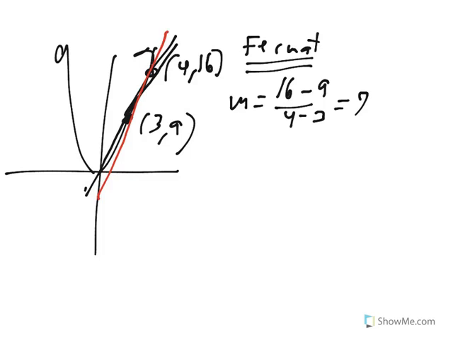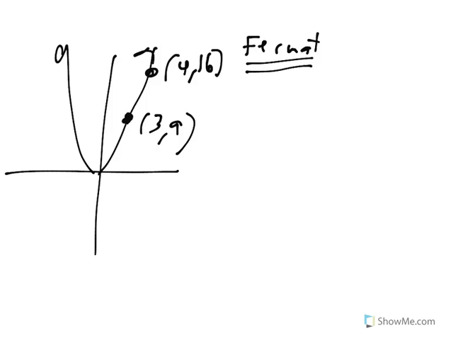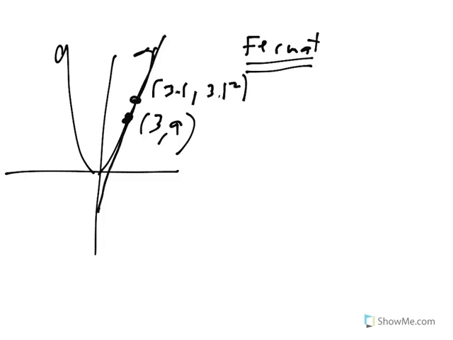So the next idea is, what if I were to pick a point that was closer than 4, 16? What if instead I picked the point 3.1, comma, whatever 3.1 squared is? Well, it turns out the slope of that secant line is not 7 anymore, but that slope is going to be 6.1, and that's closer to the actual answer.